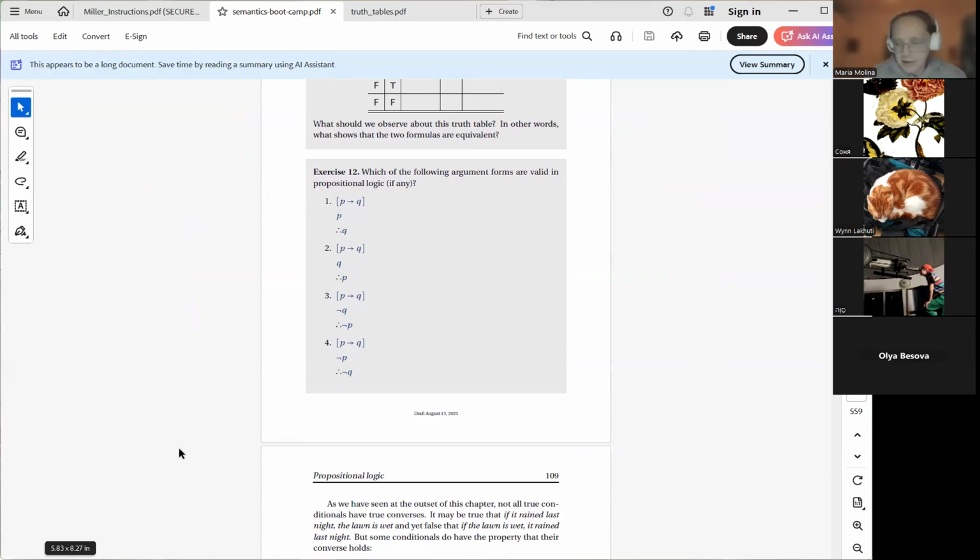So, exercise. Get ready with your pen and paper. Exercise 12, which of the following argument forms are valid in propositional logic?